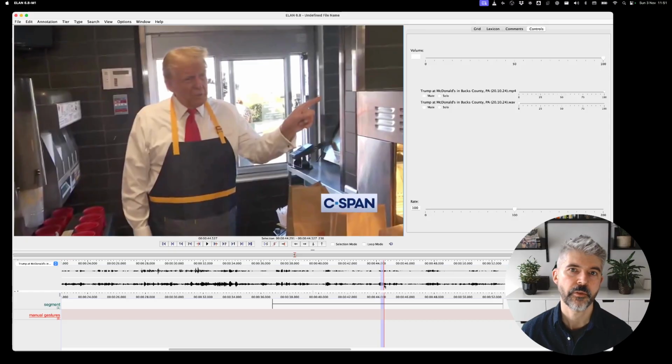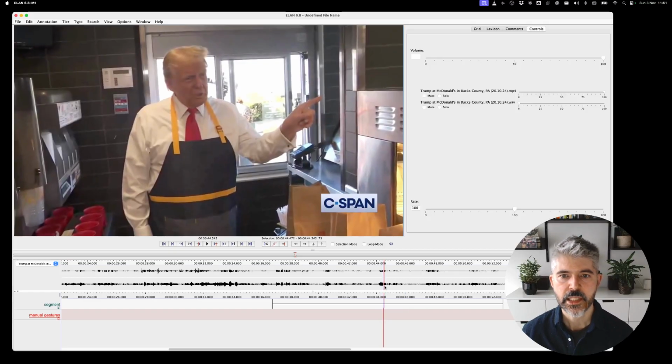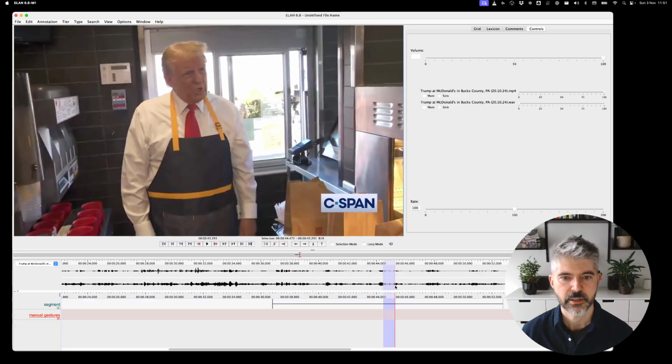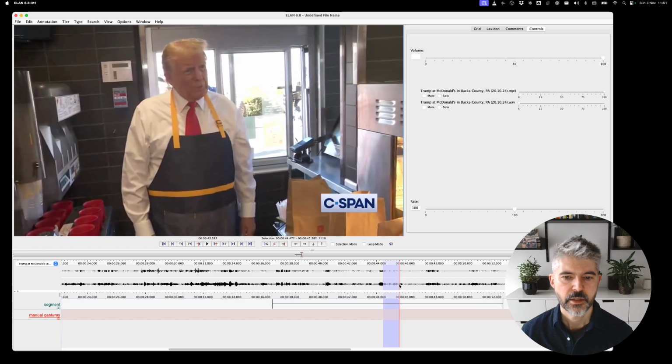That's called a hold phase, and it's common for gestures to be held after a stroke, but they can also be held at other points in the gesture unit, so that holds can occur elsewhere. We then see a retraction as the hand moves back to a rest position. So those are the general phases, the movement phases that are most common in manual gesture.